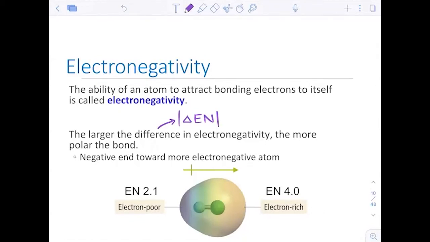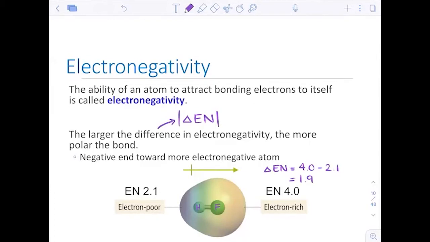So we can look at this. This would be between H and F, the molecule that Linus Pauling was looking at. The electronegativity of fluorine is 4.0. The electronegativity of hydrogen is 2.1. So that change in electronegativity, 4.0 minus 2.1, again, biggest minus the smallest, is 1.9.